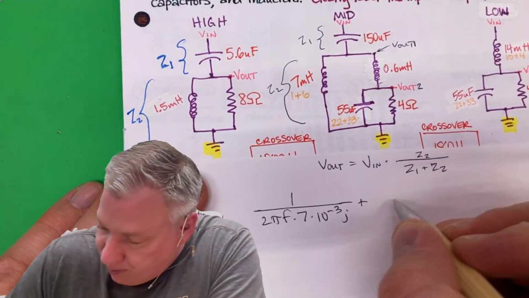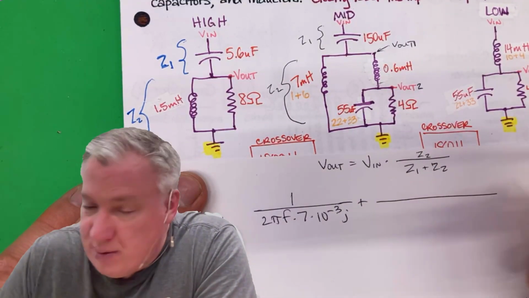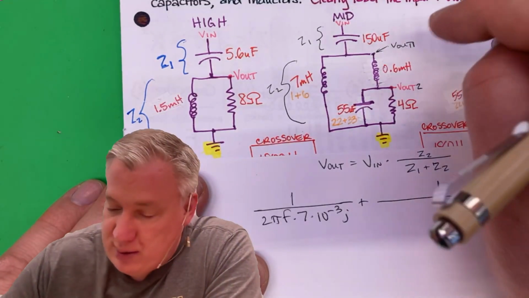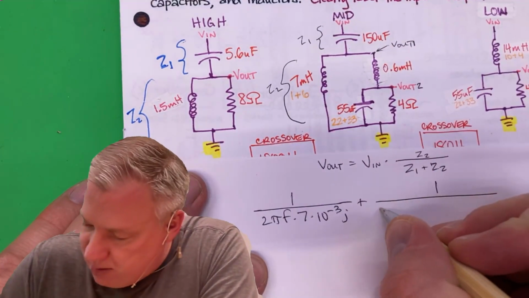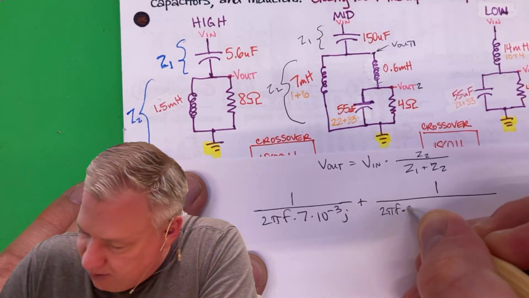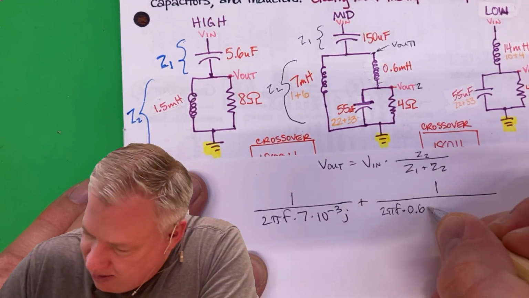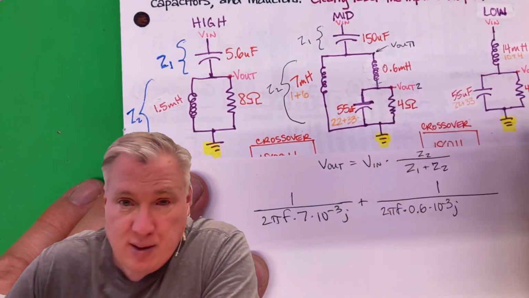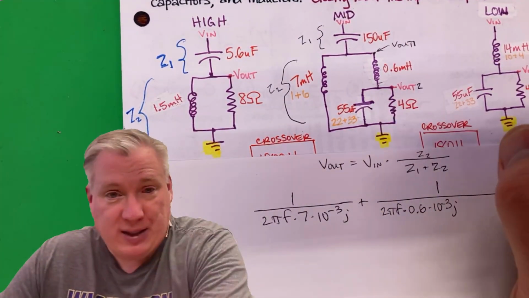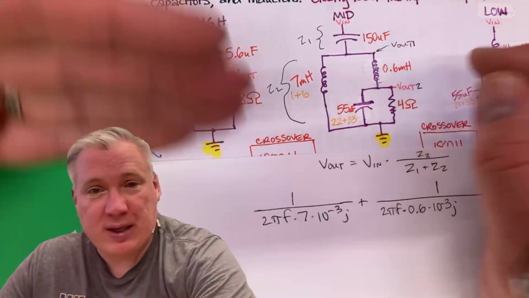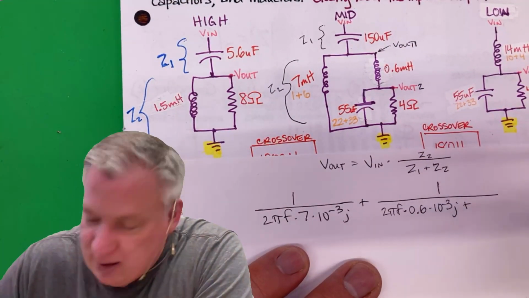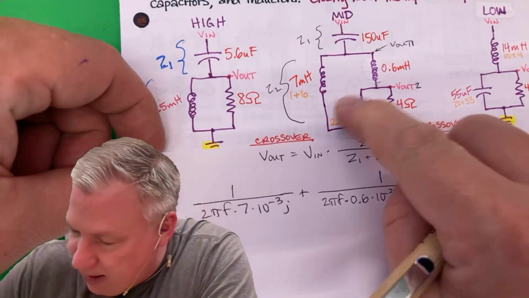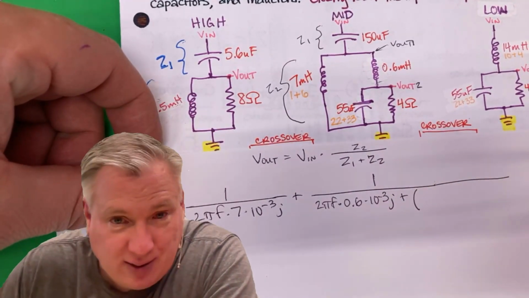Plus, well, my voice is really starting to go. 1 over this other path, which starts with an inductor, 2 pi f times 0.6 times 10 to the negative third j. That's that inductor. And then in a row, so it's in series with this parallel path, which means I add it. So then I go plus, and now I realize this fraction is not large enough because the thing I'm adding is a parallel thing, and I'm going to need to use parentheses.